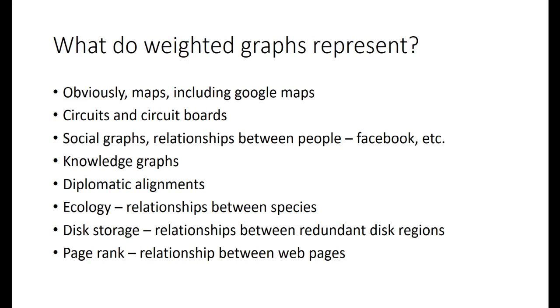We can use them in something like disk storage to find the relationship between redundant disk regions. We use them for understanding the web. Google's PageRank, how Google finds the significant pages, shows a relationship between web pages, and we can use the PageRank as the weight on an edge between two pages.